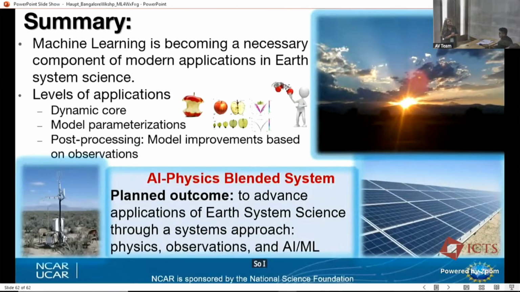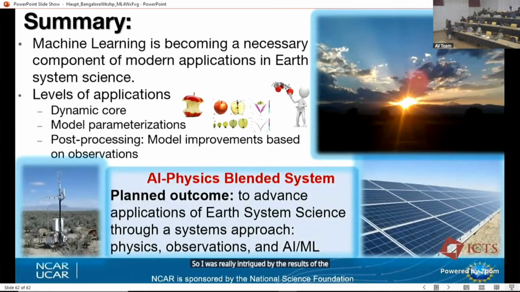So I was really intrigued by the results of the GAN for downscaling, where it seems to be learning structure and statistics. It's a small follow-up to Adway's question, really. Is there any evidence on what input resolution you need for it to be able to learn the statistics versus the large-scale structure? Okay, my assumption has been that it's similar to physical models where, at 1 kilometer, you're only going to get eddies that fit in a 1 kilometer box.